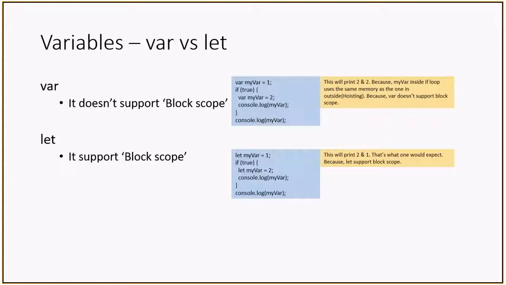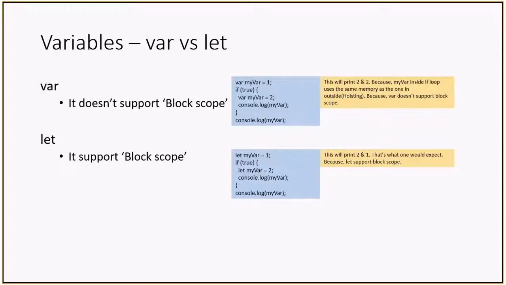Even though you declare myvar here, it doesn't declare a new one. It still points to this one. So when you write myvar equals 2, it changes this value to 2. So this example prints 2 here, and when it comes here, you would expect this to be 1, but because you overwrote it, it also displays 2.